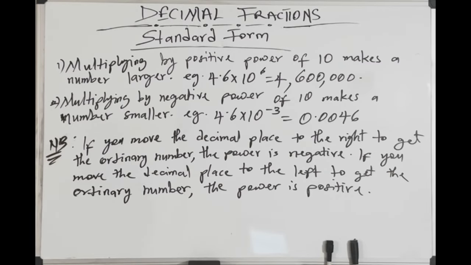So in standard form, when we are moving the decimal point to the right, we will get a negative power, because we are making it smaller. And when we are moving it to the left, we get a positive, because that would already be a bigger number, and then we want to make it a smaller number. So let's take note of that.